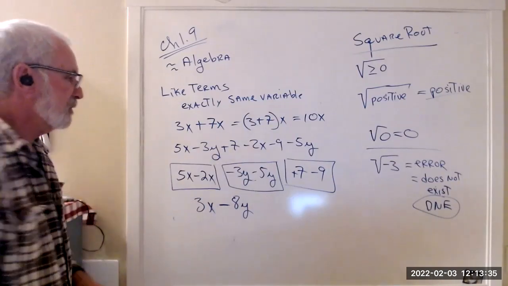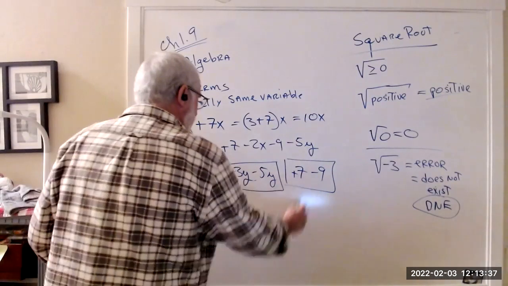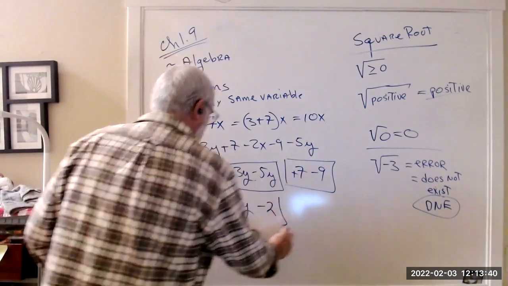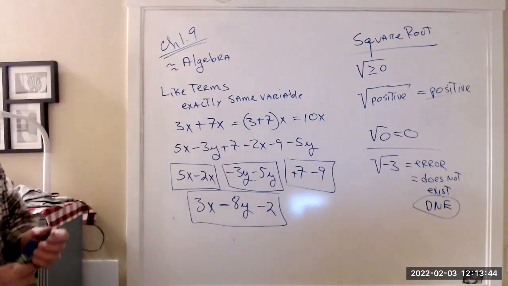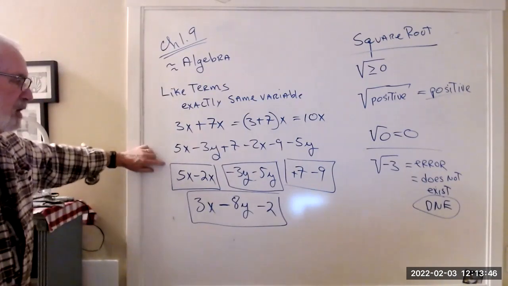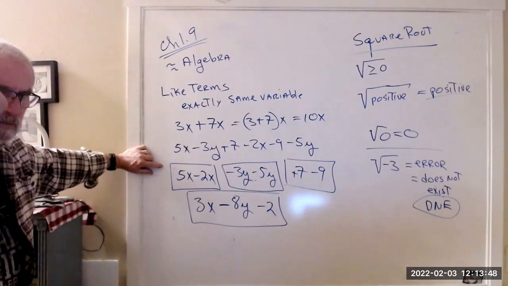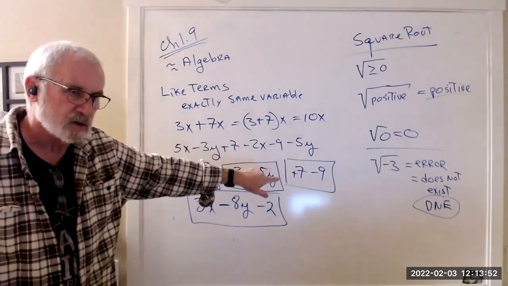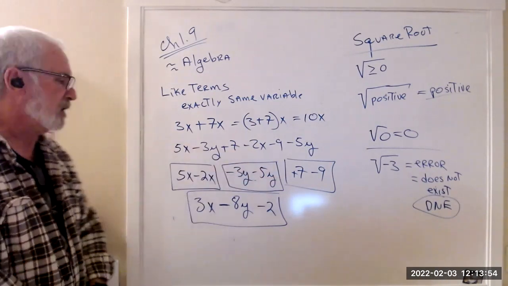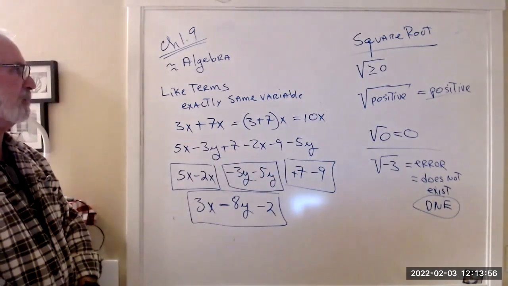And over here, 7 take away 9 is a minus 2. If you can jump to that in your head, there's no reason for you to have to write this down. You had to see this mentally. Mentally, you had to see the like terms, but you don't have to write them down. That would be the final answer for that problem.